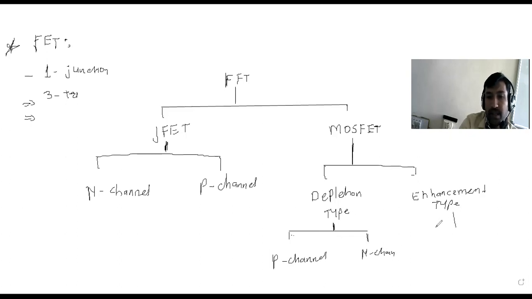And this enhancement type is also again divided into 2 types, that is P channel and N channel. Don't get confused. Okay, P channel and N channel.